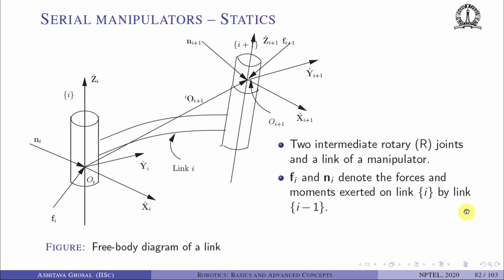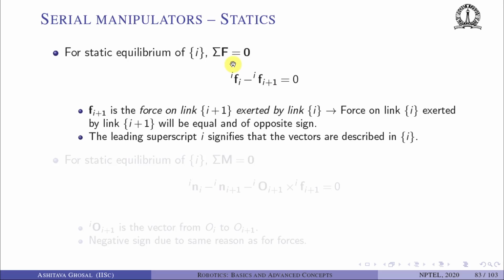This is important: it is the forces and moments exerted on link i by link i minus 1. So what is F i plus 1? It is the force, and N i plus 1 is the moment, acting on link i from link i plus 1. So for static equilibrium, the sum of all the forces must be equal to 0. So F i minus F i plus 1.